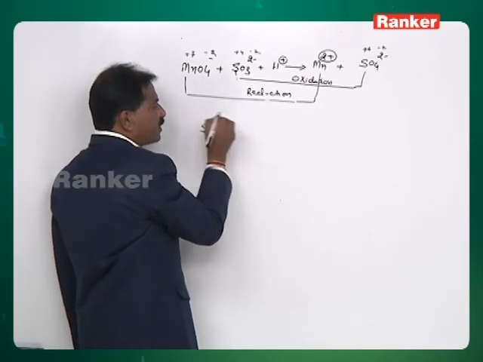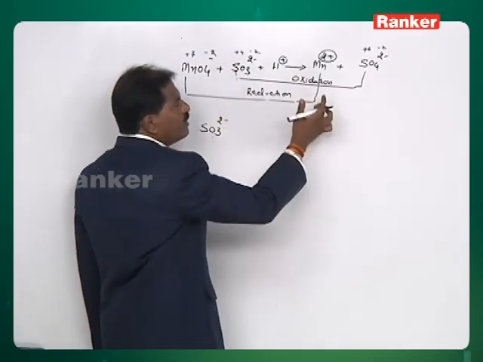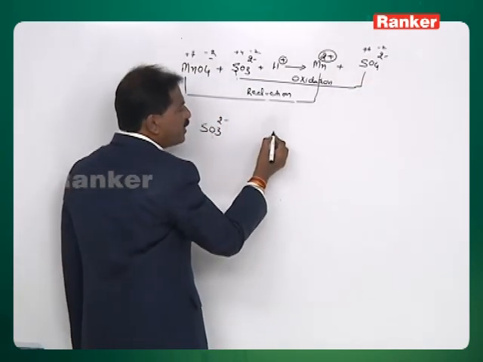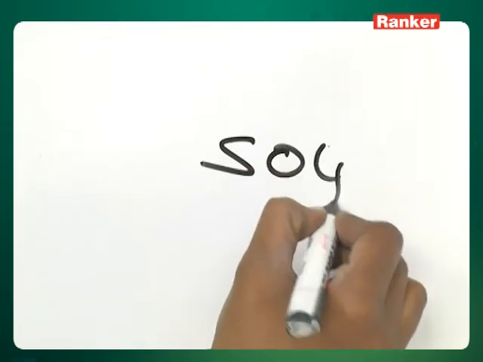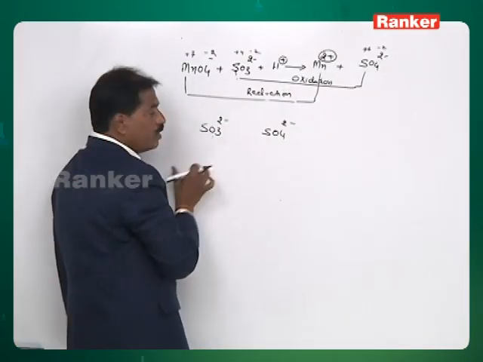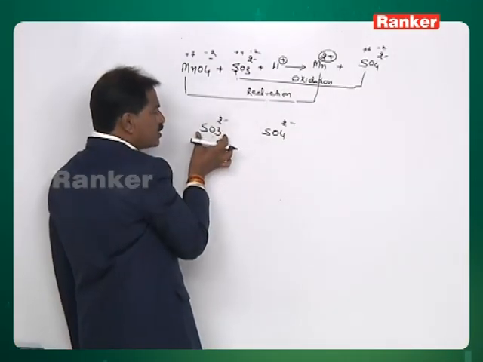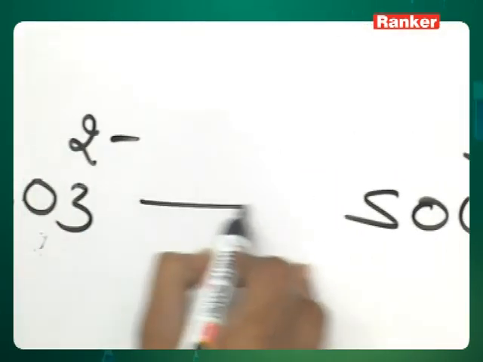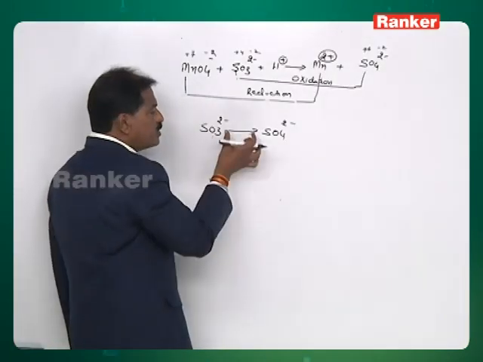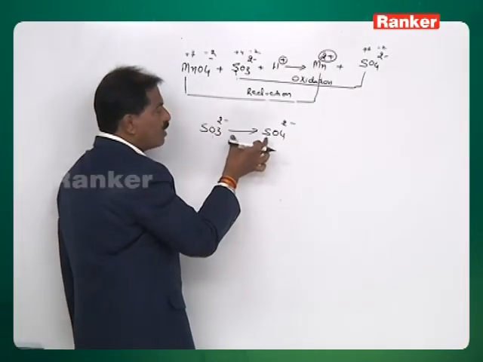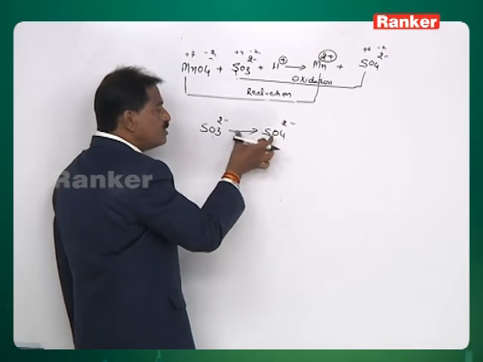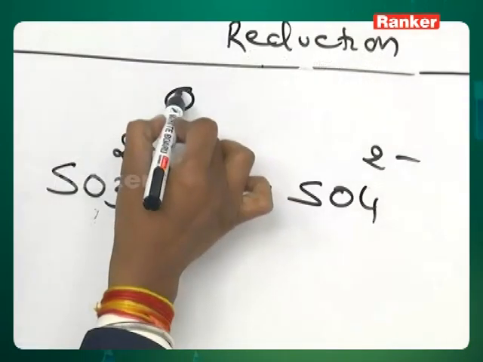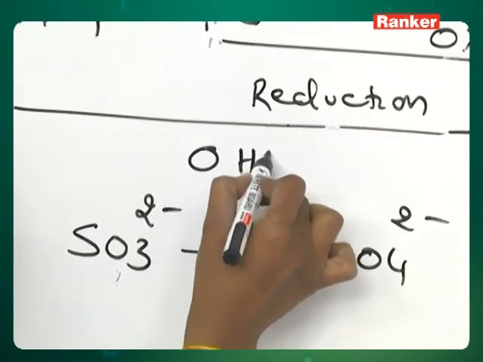Similarly, on this side, sulfur has gone into the sulfate ion. Therefore, you separate the entire sulfate ion from the parent reaction. From the left side we have separated the sulfite, from the right side we have separated the sulfate. Put the arrow between them. This is called one half reaction or one fragment. Since in this fragment there is involvement of oxidation, it is called the oxidation half reaction, OHR.